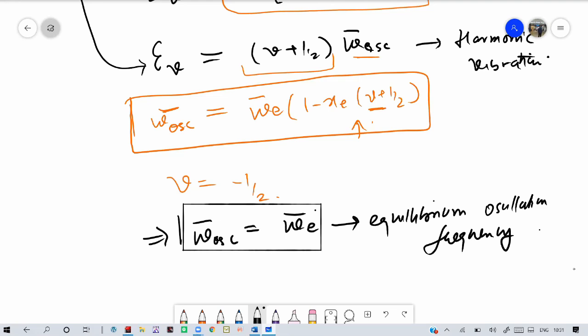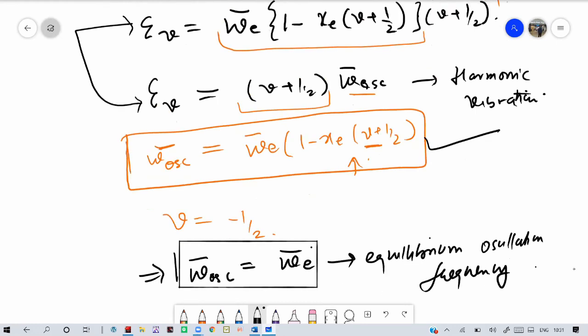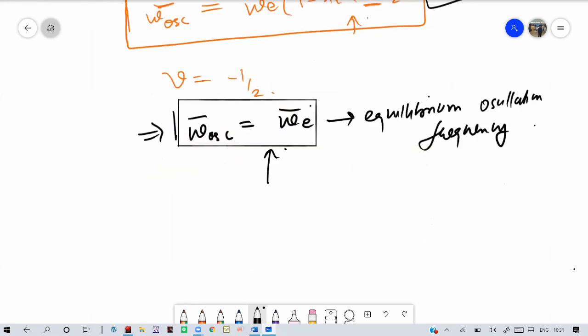For any real state, the oscillatory frequency is given by this expression in case of an anharmonic system. And this states that this is the equilibrium oscillation frequency for an anharmonic system.